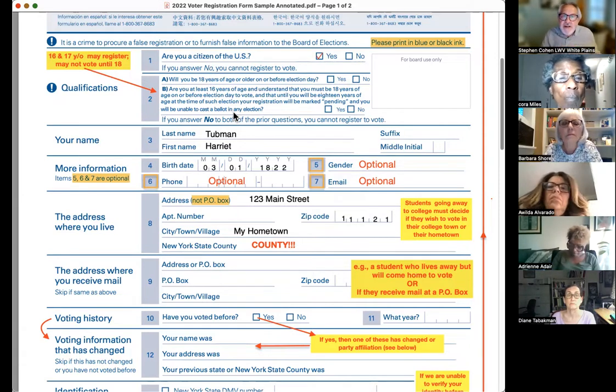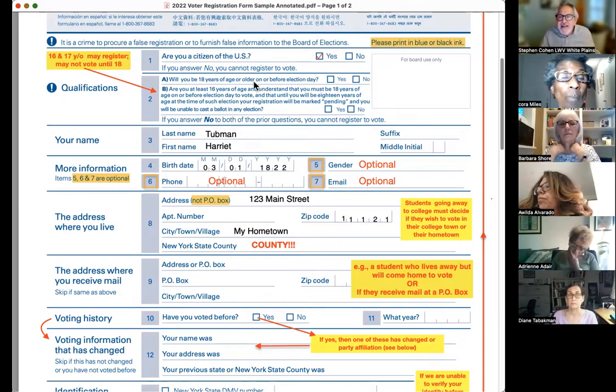Now, obviously, the first step in this process is that anybody who is intending to register to vote must be a US citizen. So as it says here, if they're checking yes, then they're eligible to register to vote. If they're not a citizen, they're not eligible to register to vote.